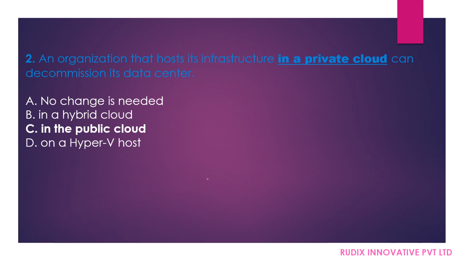However, adopting a hybrid cloud strategy involves using a combination of private and public services. With the flexibility of hybrid cloud, an organization can decommission its own data center while still retaining control over certain aspects of infrastructure in private cloud and utilizing public cloud services for other needs.